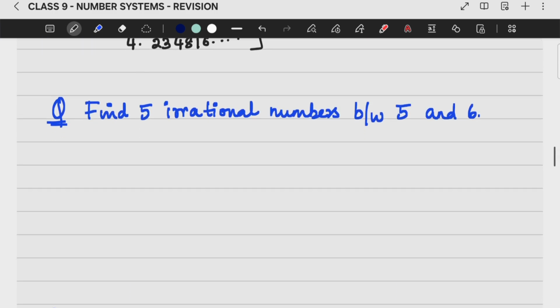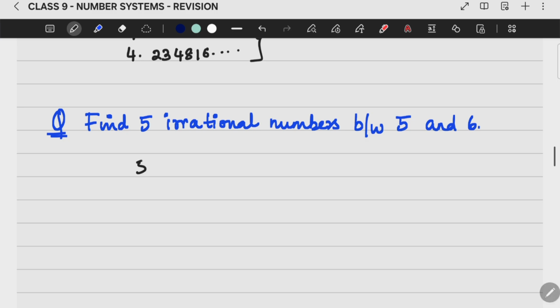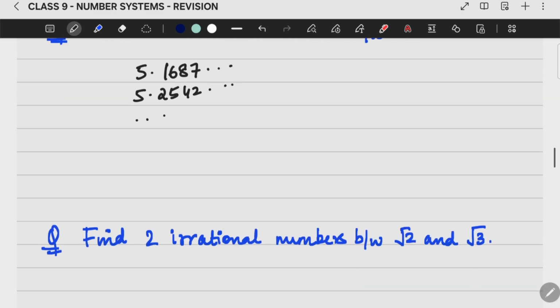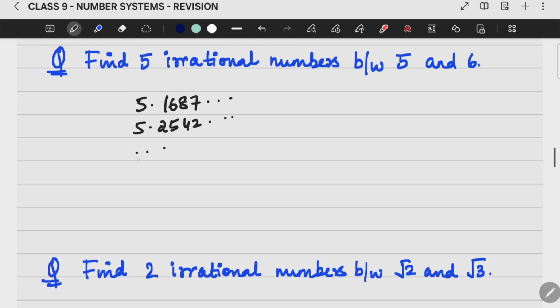Coming to the next question. Find 5 irrational numbers between 5 and 6. Again, write any number greater than 5. So for example, you can write 5.168, 5.2542, 5.8432, and so on.